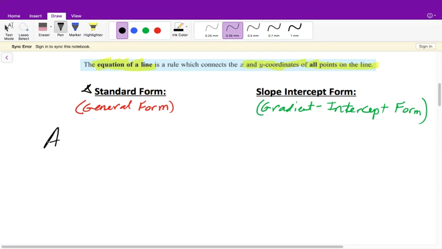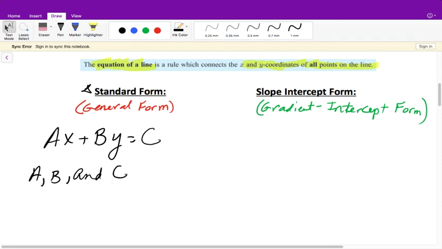All right, so your standard form is ax + by = c, where a, b, and c are integers. That means they have to be whole numbers, because if they're fractions, we would rewrite it to give us an integer.